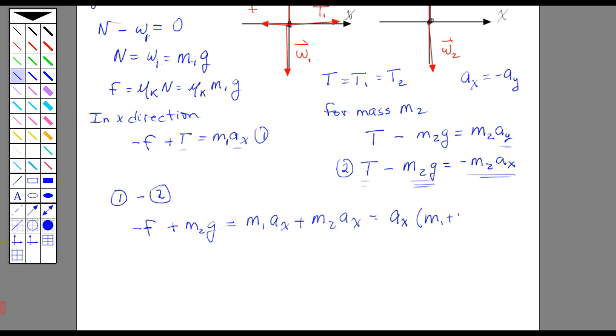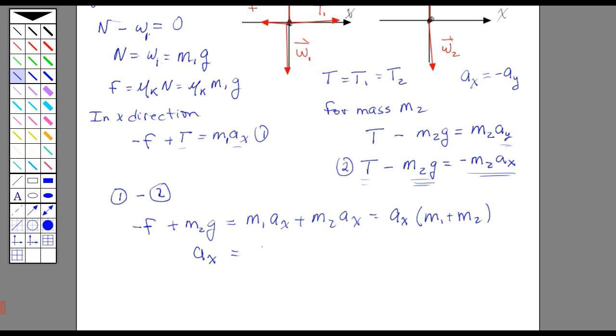Simplifying the right side, we can write this as the acceleration in the x direction times M1 plus M2. And what we actually want is to solve for a_x. So a_x is going to equal M2 g minus our friction force divided by M1 plus M2. Okay, the friction we showed up here was mu k M1 g.